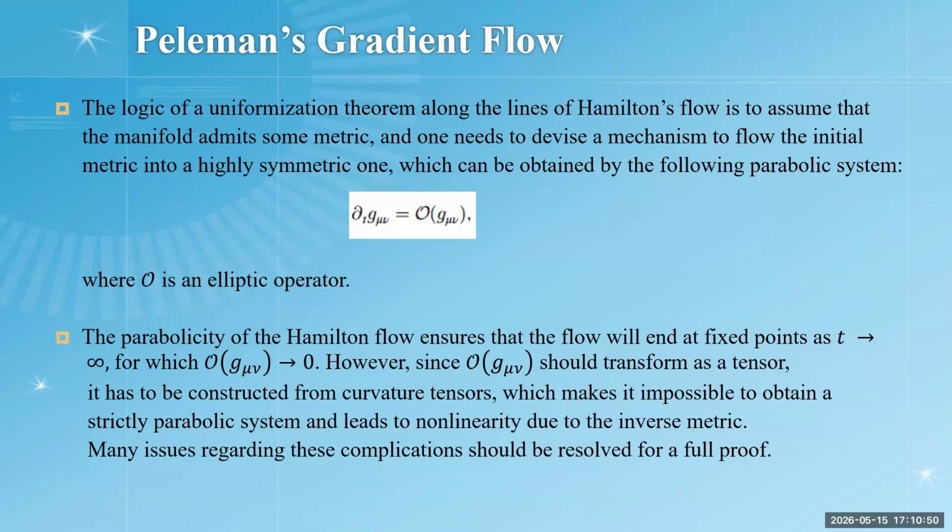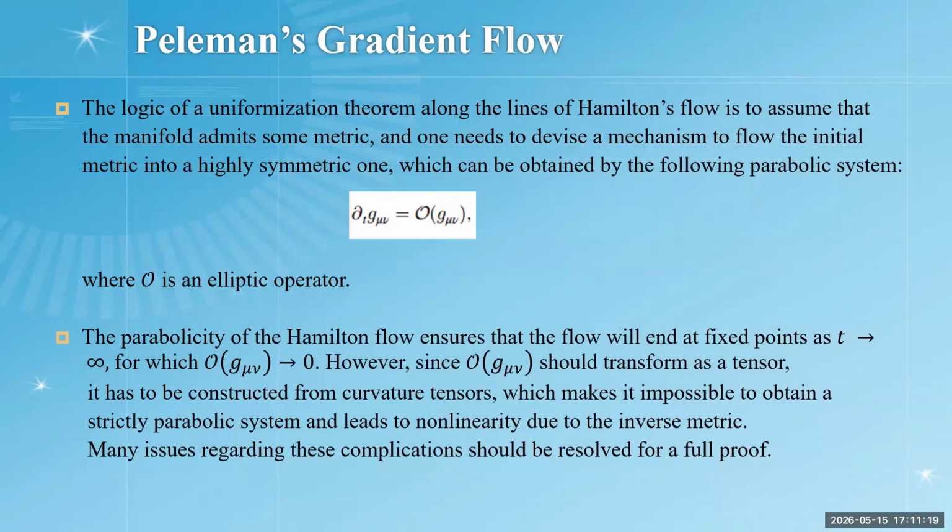Actually, Perelman's theory, in order to describe this uniformization theorem, I mean, we have a 3 manifold, and if we wait a long time, then the geometry becomes smooth, and the smoothing procedure is described by this flow equation. This is the so-called Hamilton's flow, which is very similar to heat flow.